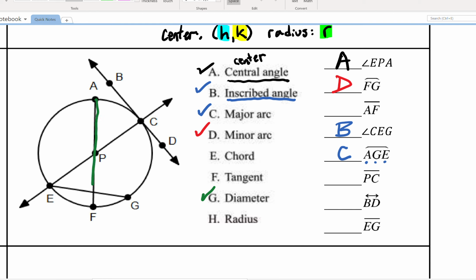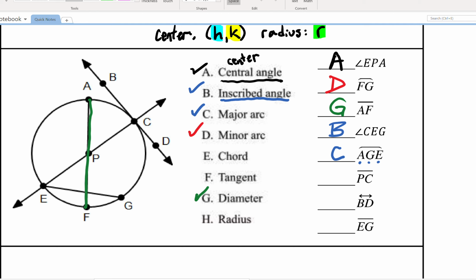From A to F, that's my diameter, G. And then a chord that is not the diameter, remember that a diameter is a chord, but not all chords are diameters. And an example of a chord that's not would be this E to G, connects these 2 points on the circle. And so EG, that's E for chord.